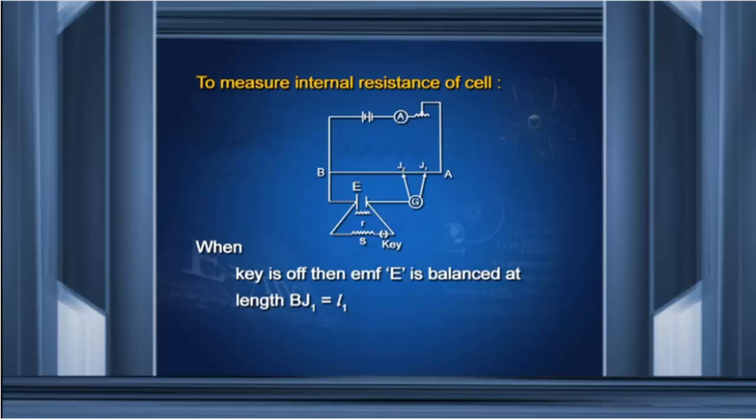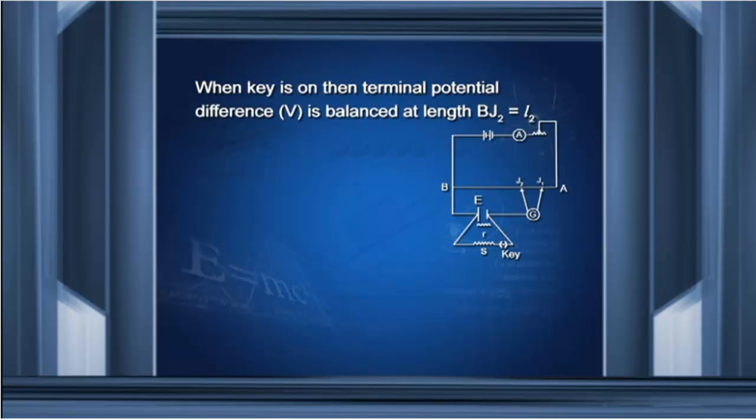When the key is off, the e.m.f. is balanced at length BJ1 equals L1. So E equals K L1. When the key is on, the terminal potential difference V is balanced at length BJ2 equals L2. So V equals K L2.